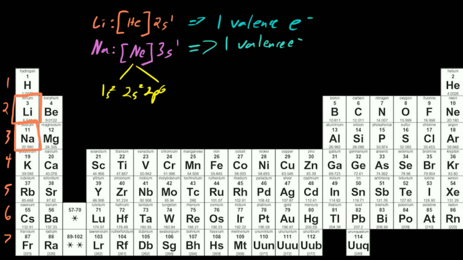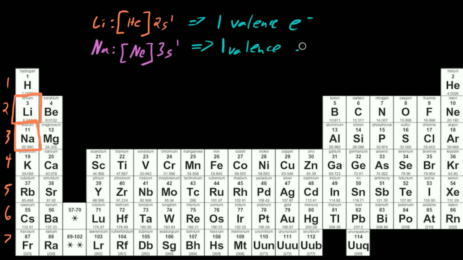Let's try potassium. I'm going to erase this expansion I did. So potassium is right here in the periodic table, right below sodium. What's our nearest previous noble gas? It's going to be argon.